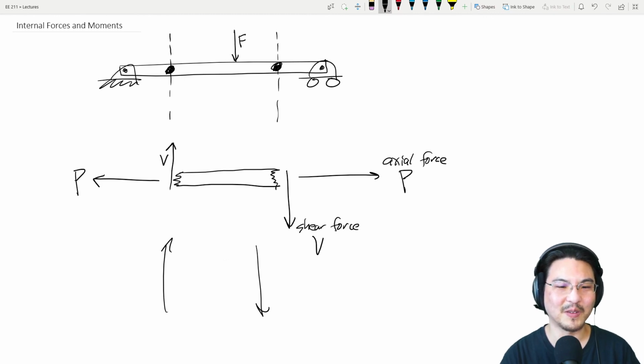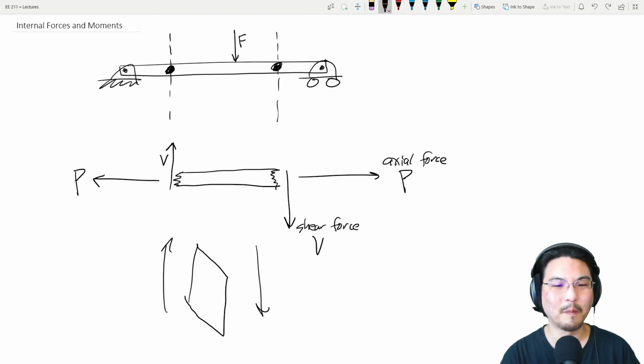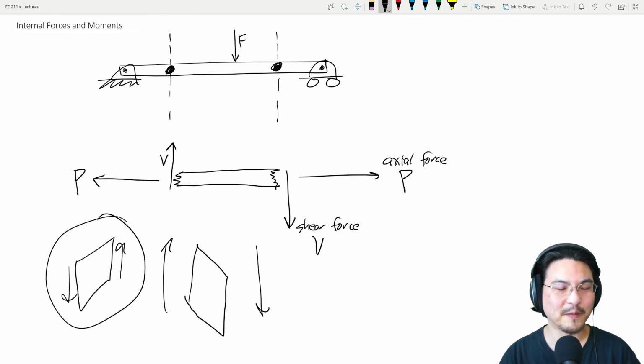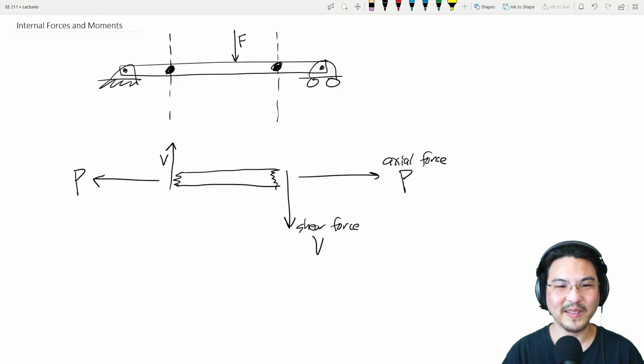It'll start to deform like this. We call this positive shear. The other way around, we'll call negative. And it seems so arbitrary, right? Because it is. It's totally arbitrary. But that's what we decided as a society.